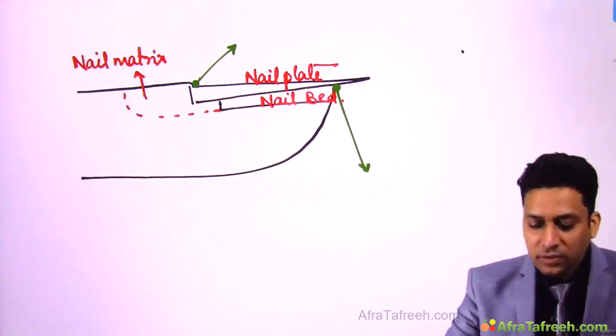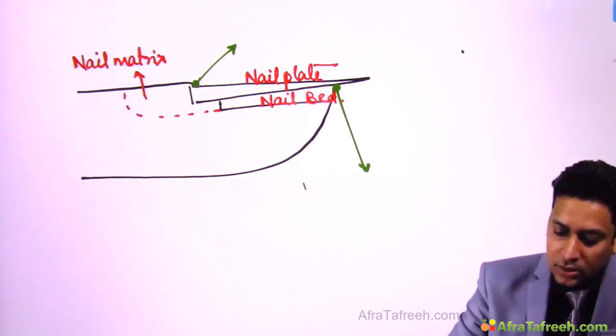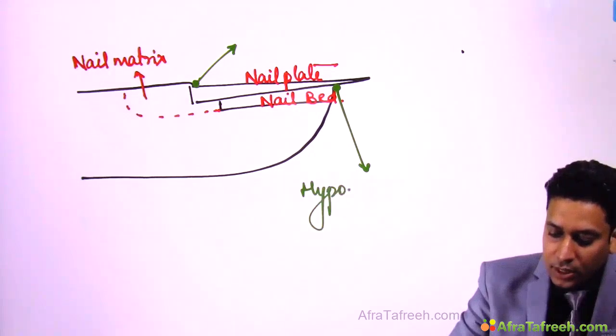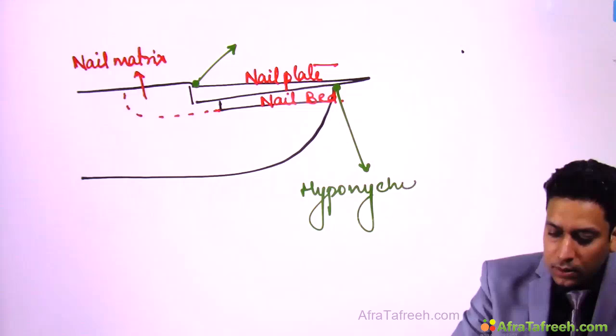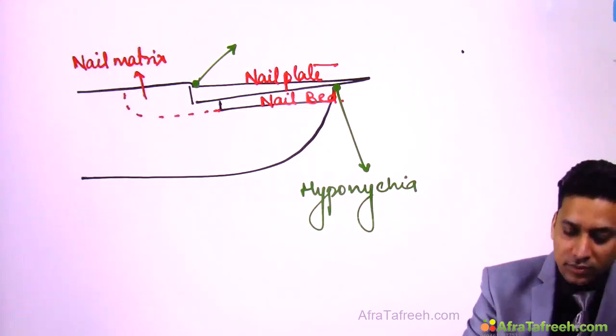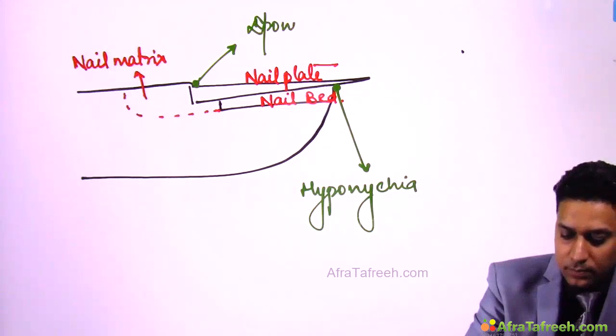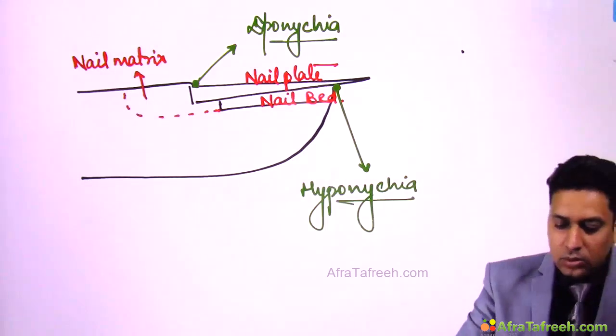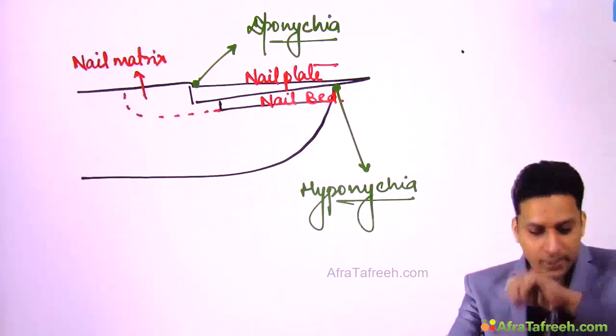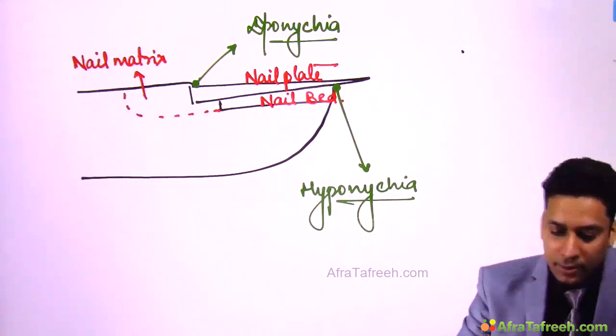The distal junction where the skin is attaching to the nail plate is known as hyponychium. And this proximal junction, where the skin is attaching to the nail plate, is known as eponychium. So hypo because it is below the nail plate, epi because it is above the nail plate.